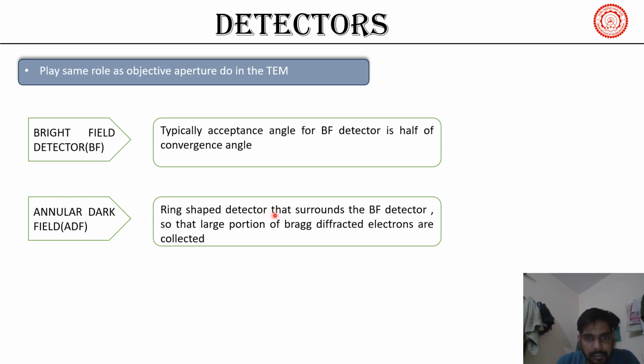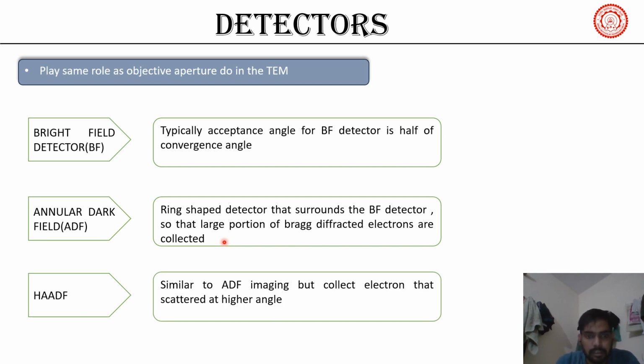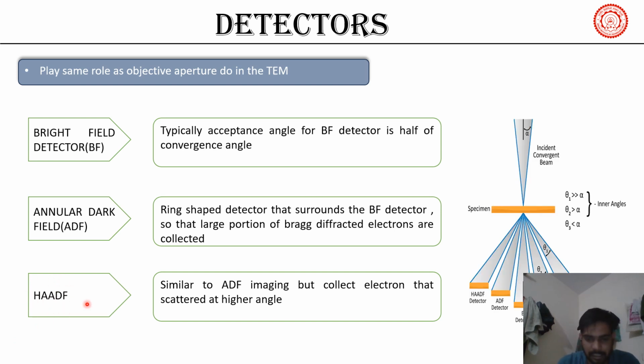This is a ring-shaped detector that surrounds the bright field detector, so that a large portion of diffracted electrons is collected. The third one is the high angle annular dark field detector. This is similar to ADF imaging, but collects electrons that are scattered at high angle. This HAADF detector is further discussed in the next slide.